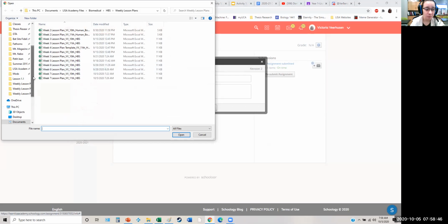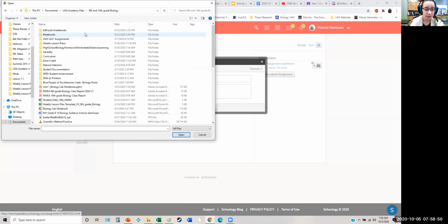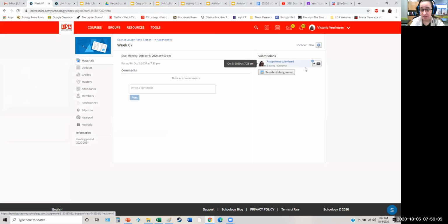And then I want to find it wherever it is stored on my computer. So I stored it in my biology notebook, and there's my biology notebook. I'm going to let it load, and then I will hit Submit. This is not what I need for my assignment, so I'm going to click out. But you would hit Submit, and it would automatically just submit for you. And that is how you would submit your assignment, okay? All of the slides, not just one or two, all of them.